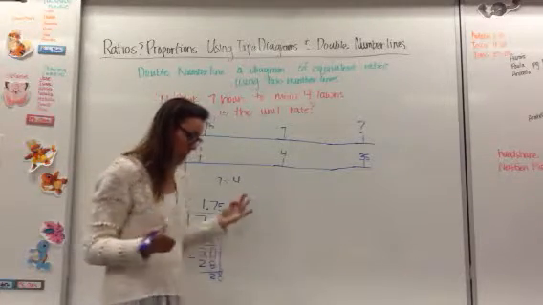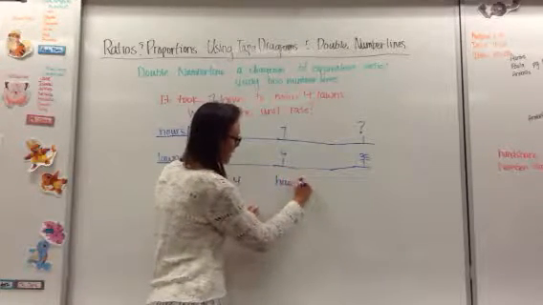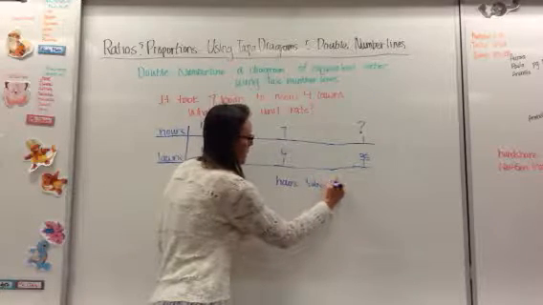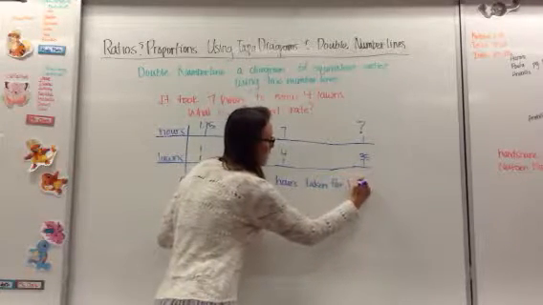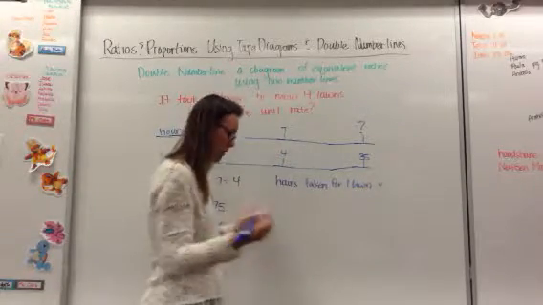what I have to do is take the hours taken for one lawn times the number of lawns.